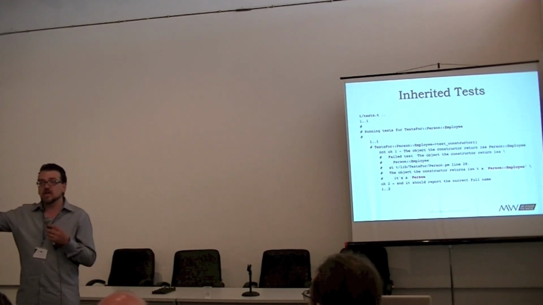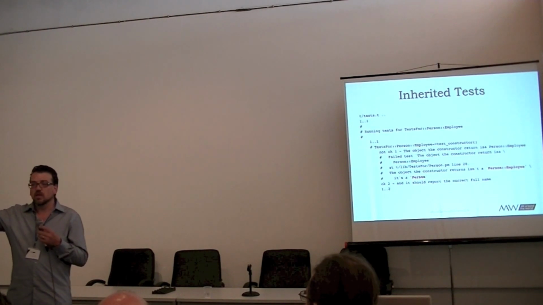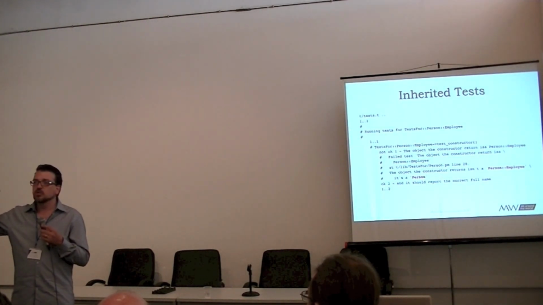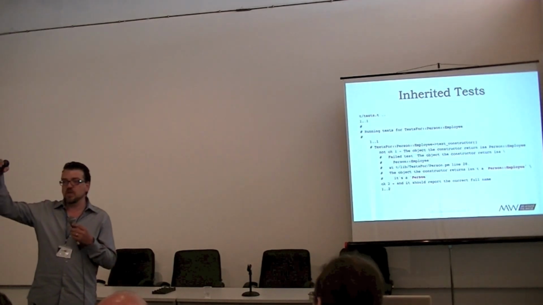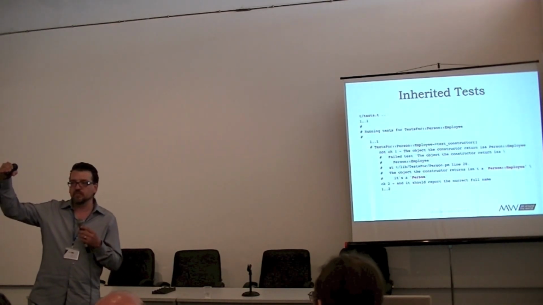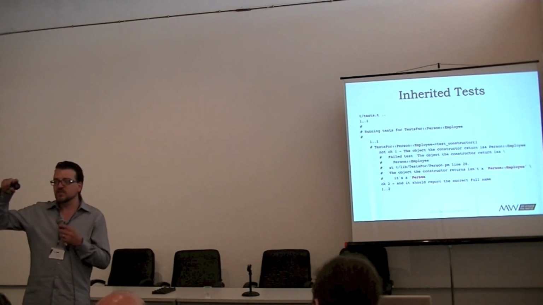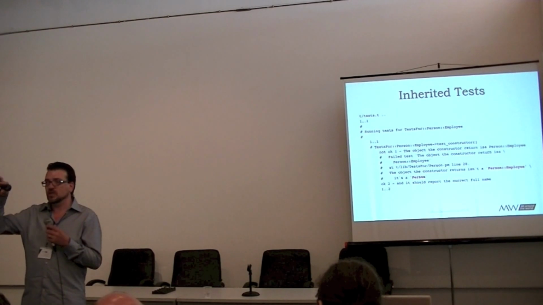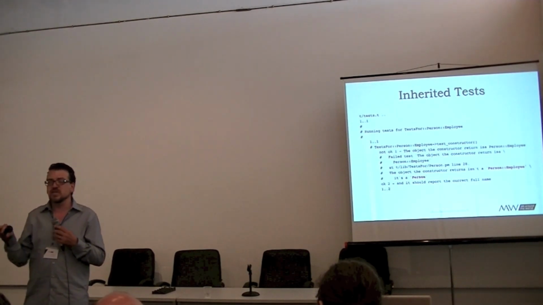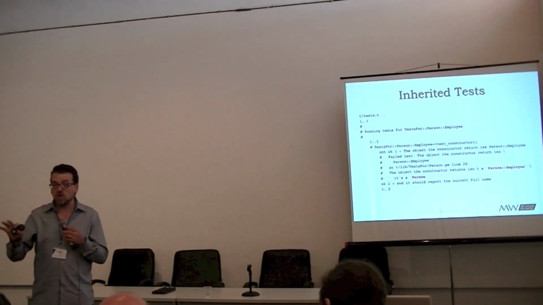So if I have a subclass of a class in my regular code, my test should have a subclass test of the parent test. Have you followed me so far? Does that make sense? Cool. So basically, as much as possible, I like to see your test classes mirror your classes. The structure should be more or less the same. It makes it much easier to organize and follow your code this way.